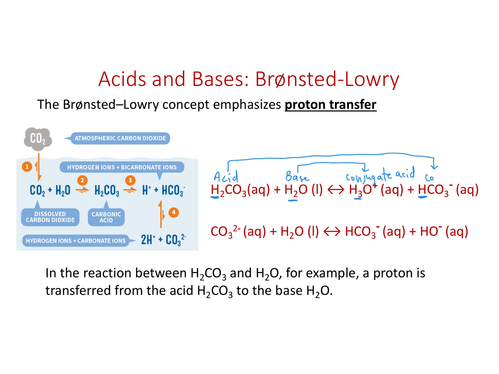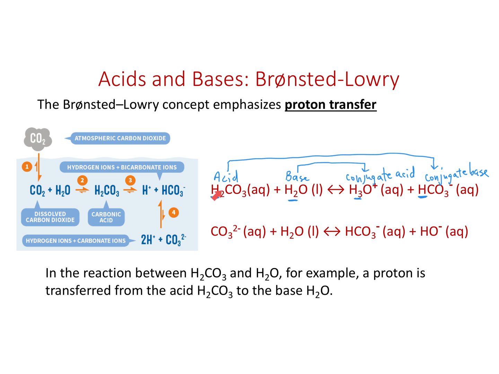So that would make bicarbonate my conjugate base. In the reverse reaction, it's going to accept a proton. It's going to behave like a base because it's going to take a proton to reform carbonic acid.